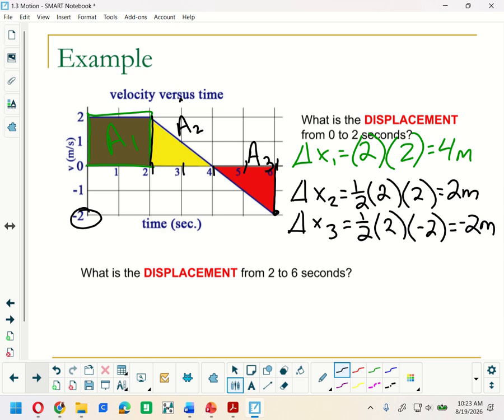All right, what is the displacement from 2 to 6? So to get displacement for 2 to 6, I'm adding those 2 displacements together. So 2 plus negative 2 is going to give me 0. 0 meters.